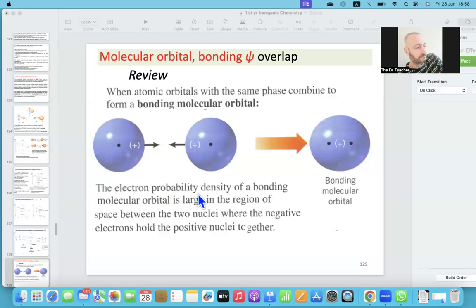So the electron probability density of a bonding molecular orbital is large in the region of space between the two nuclei, especially between the two nuclei, where the negative electrons hold the positive nuclei together.